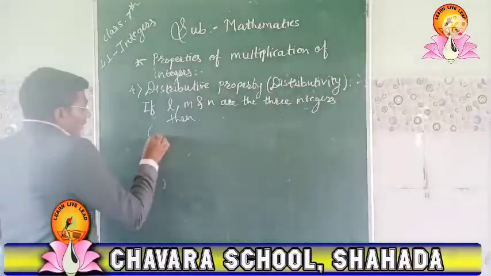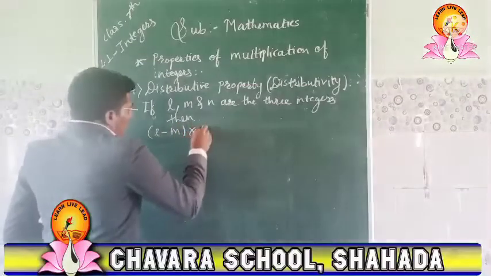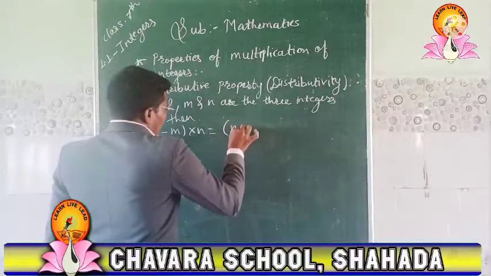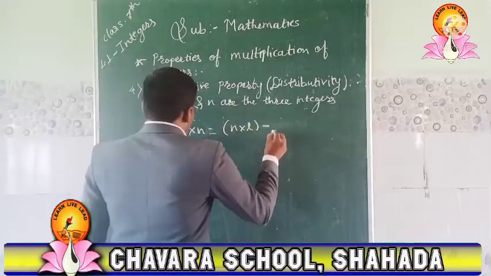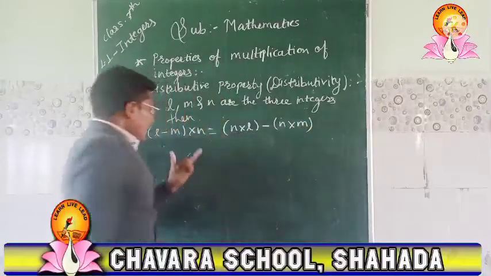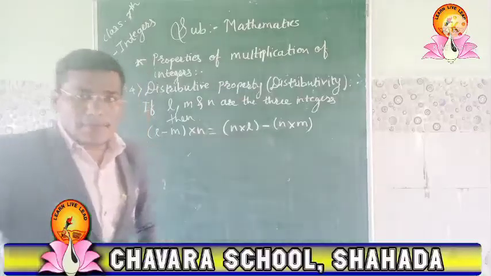If N is multiplied with L subtracted from M, then what will be the solution? Then the solution will be N multiplied by L minus N multiplied by M. If the LHS is equal to the RHS, then the property is true.